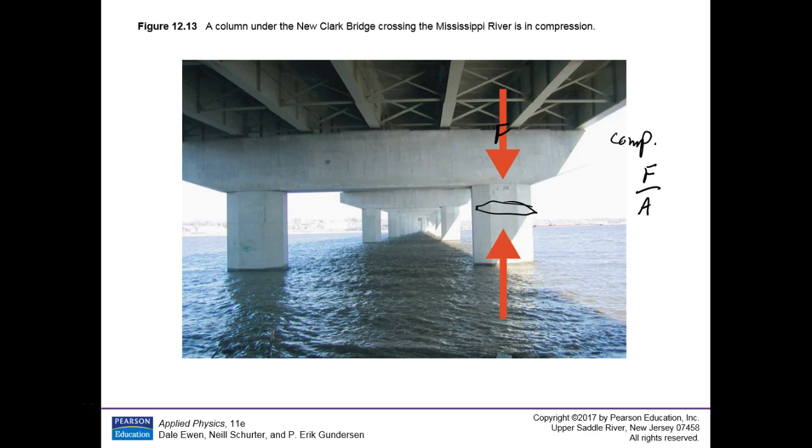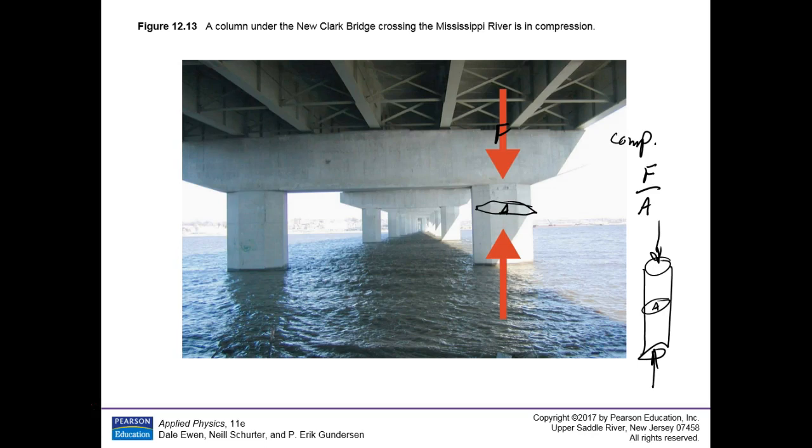You could also represent this by a pipe here, or any kind of a structure here, forces in the same direction, opposite each other, pushing toward each other, divided by the area. This would be the area here. Now, another type of force.